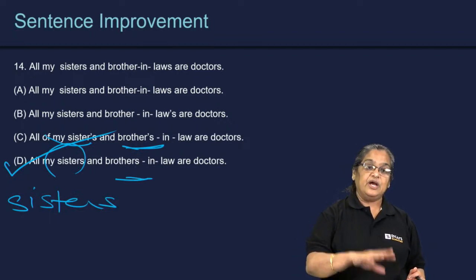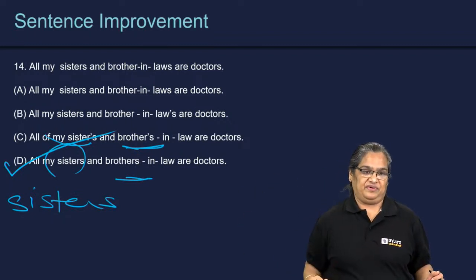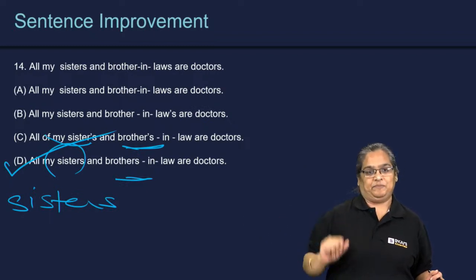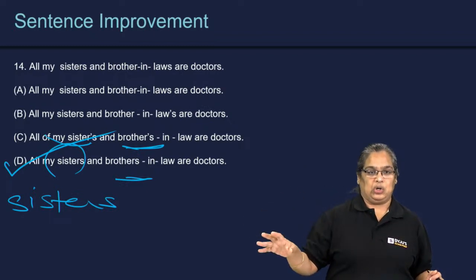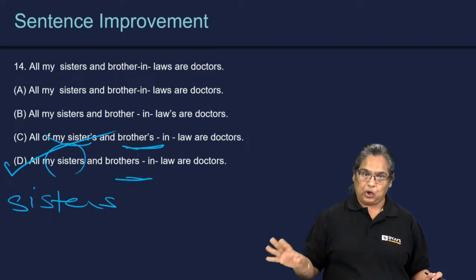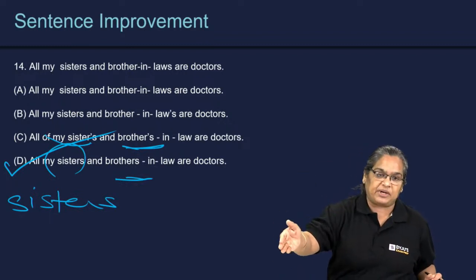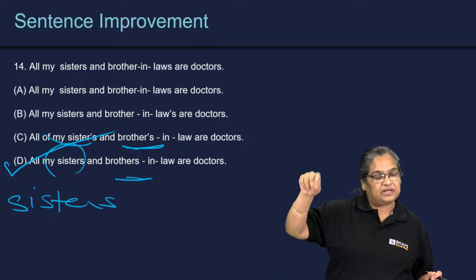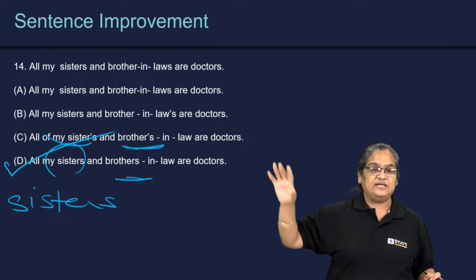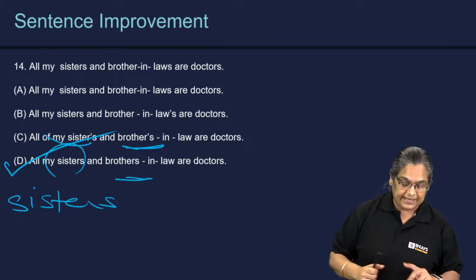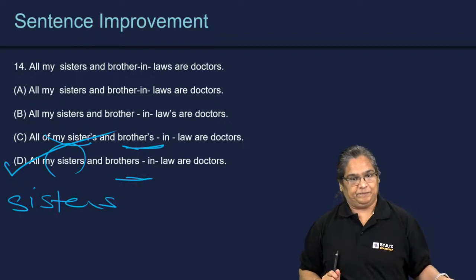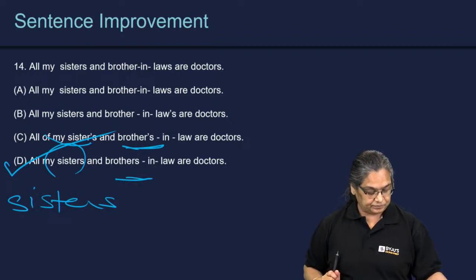Brothers will take the plural, commanders-in-chief, passers-by, mothers-in-law. All right, not mother-in-laws. If you say something that belongs to your brother-in-law, then you have to say brother-in-law apostrophe S something. So the correct answer is D. All right.